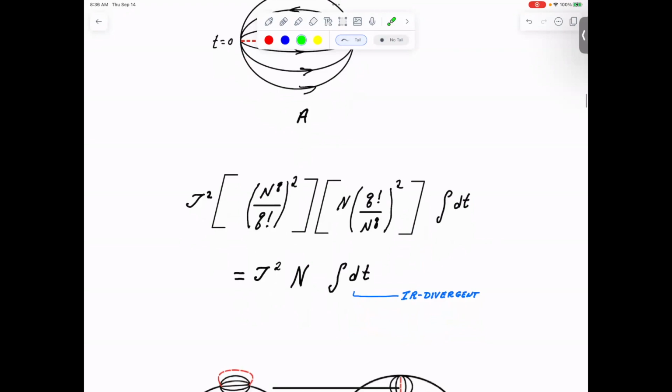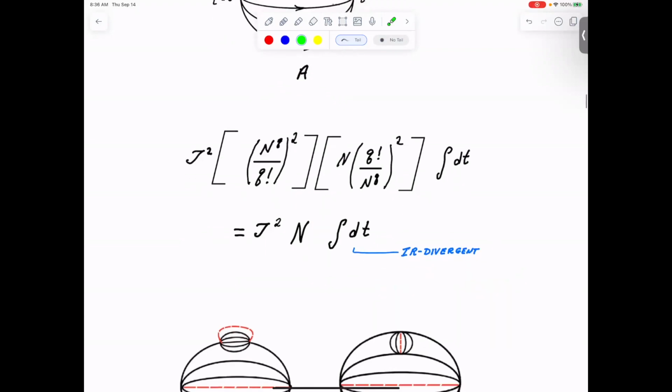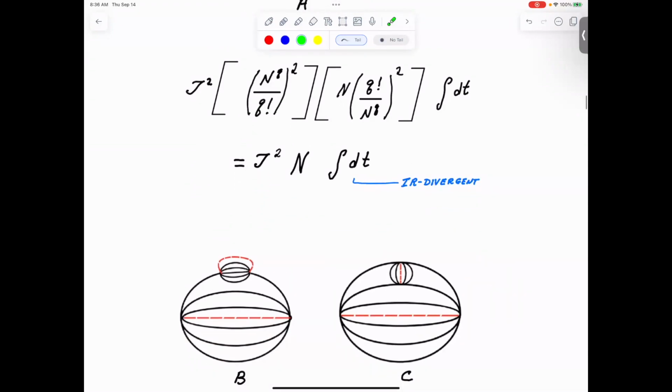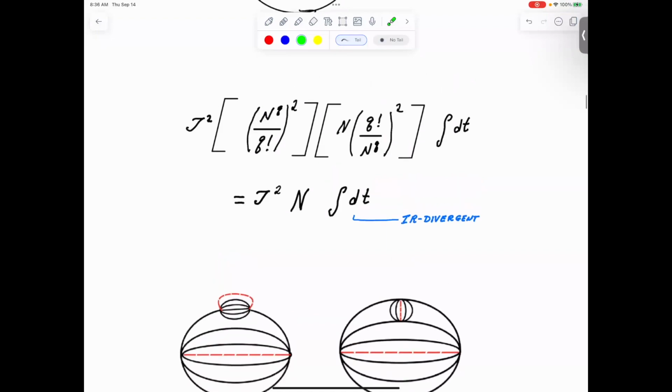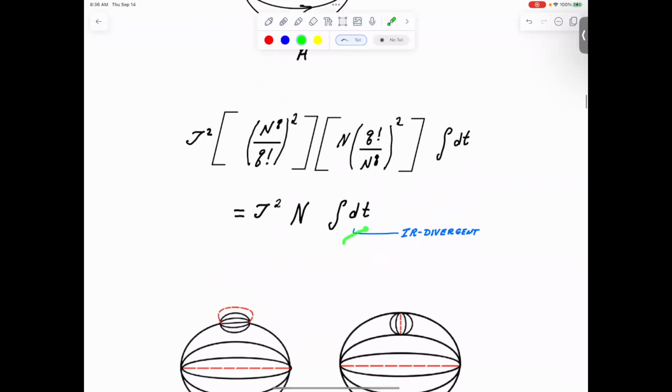They're just the epsilons. And this infrared divergence is going to be important to us. We're going to ask what fixes the infrared divergence. But in any case, if you work this out, it's just J squared N, and we're mainly, for the moment, interested in the N dependence of these graphs. Okay, so this first graph is order N times an infrared divergent integral times J squared.